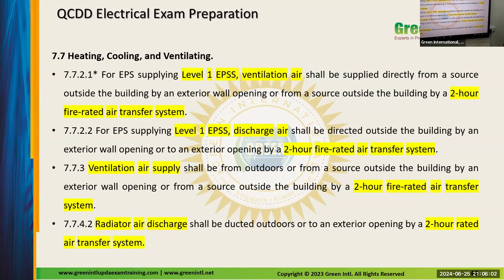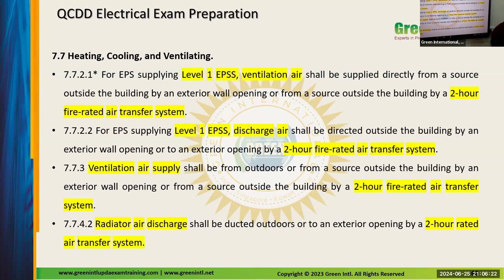Throughout 110, mostly they use the word 2-hour fire rated. So in your exam, suppose they use the word EPS or EPSS fire rated, for the hours you select 2 hours by default.